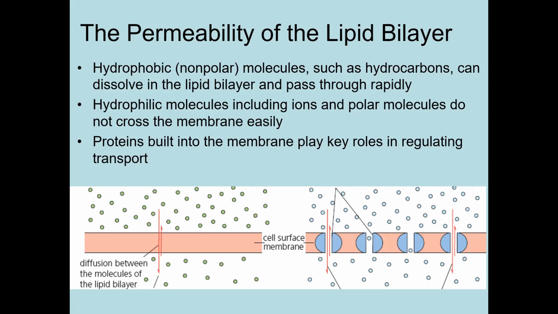So again, ions, polar molecules, macromolecules, things that have a more difficult time passing the membrane, typically will require a protein to assist them in transport. In this example, we have the rapid movement of the hydrophobic, and we have the assist that's needed for the hydrophilic example. So green here for hydrophobic and blue molecules here for hydrophilic.